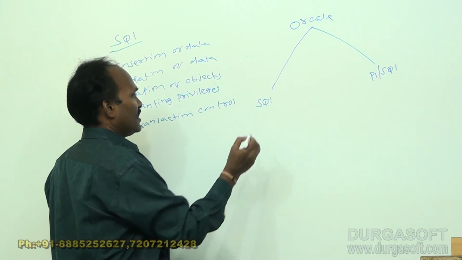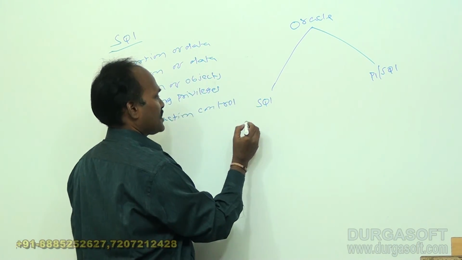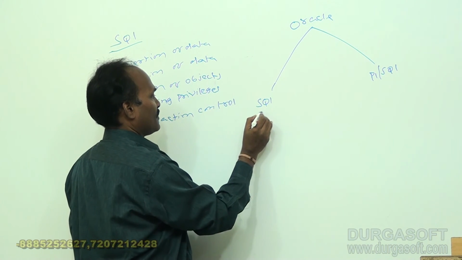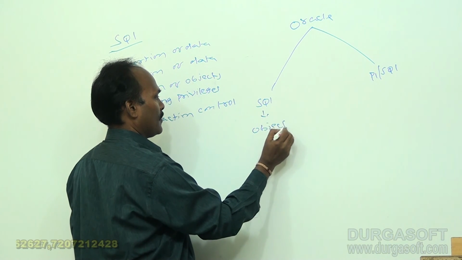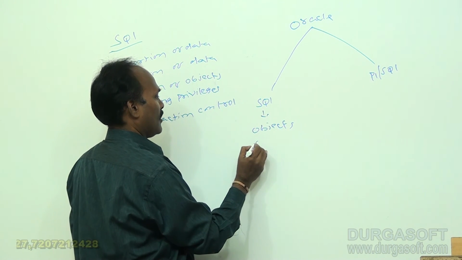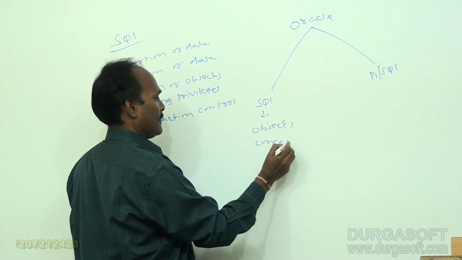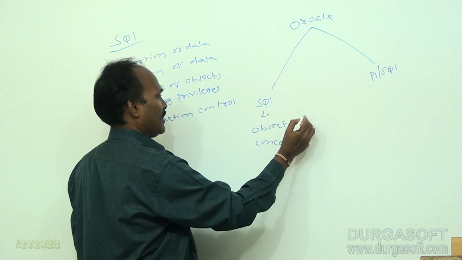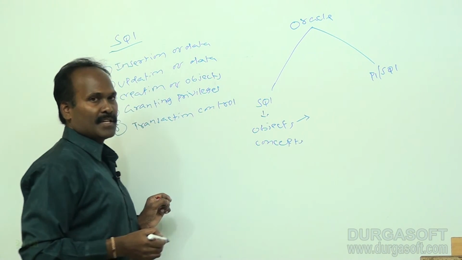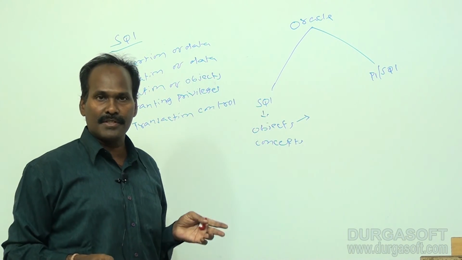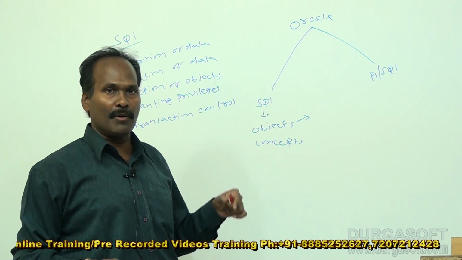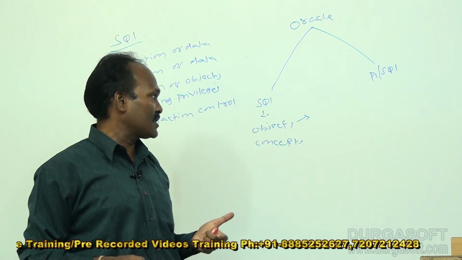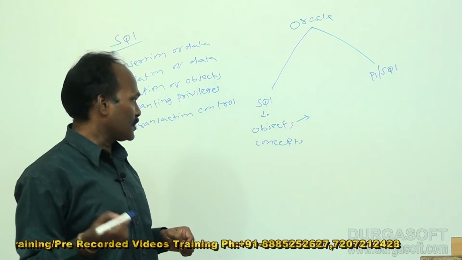Already we have discussed SQL is a combination of objects and concepts. What are the objects here? Objects are some built-in objects like table, view, index, synonym, sequence. These are examples of objects. How we create the structure for objects we will discuss in the forthcoming classes.